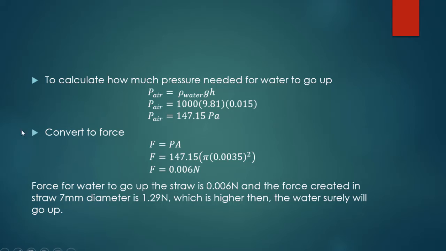Using the formula pressure equals rho water g h, we get that the pressure needed is 147.15 pascal. Then we convert it to force, and we get 0.006 Newton. Since the force for the water to go up the straw is 0.006 Newton and the force created in the straw is 1.29 Newton, which is higher, the water will surely go up.